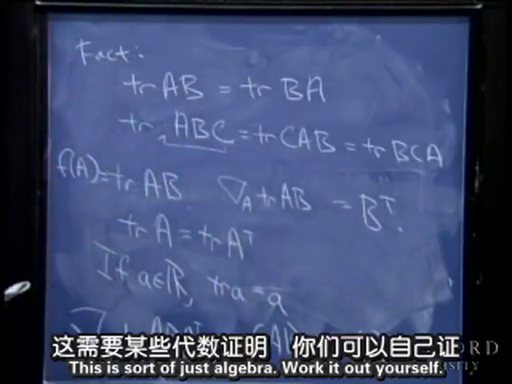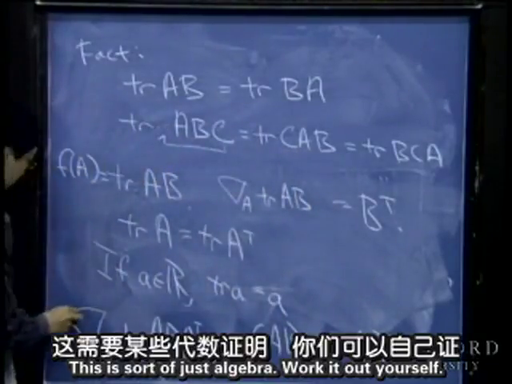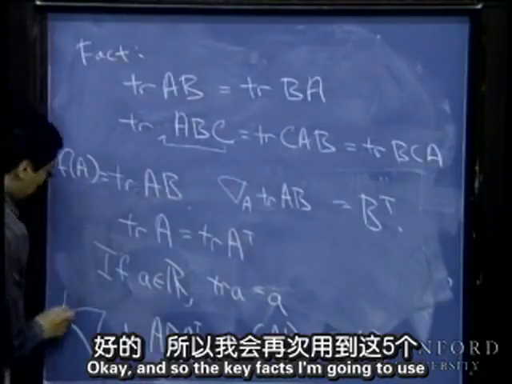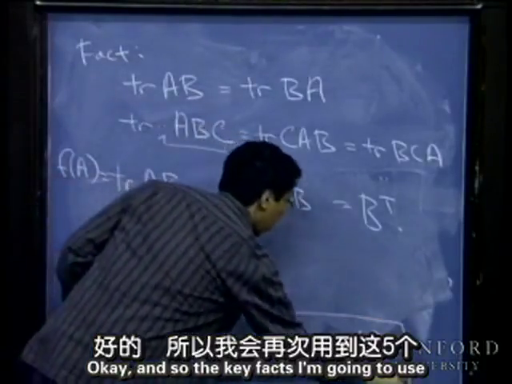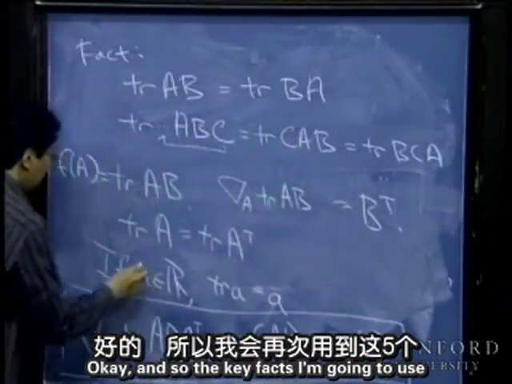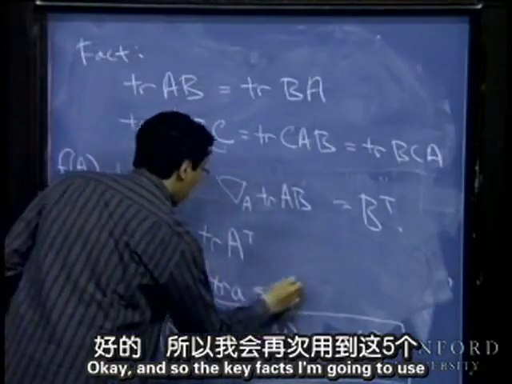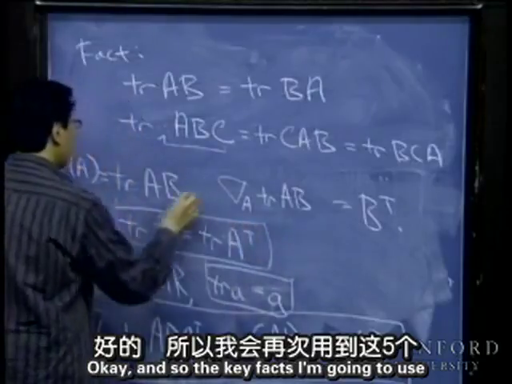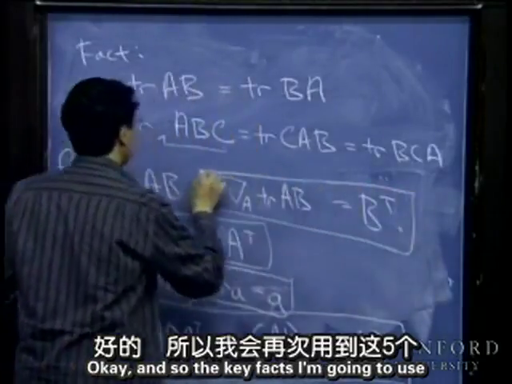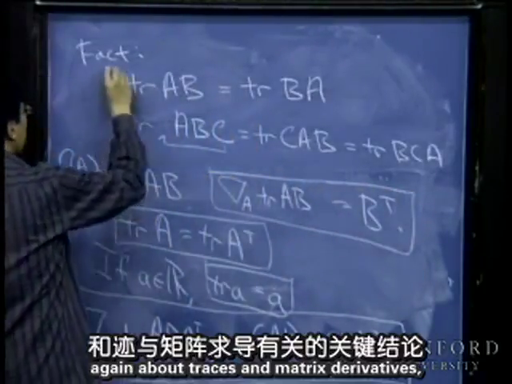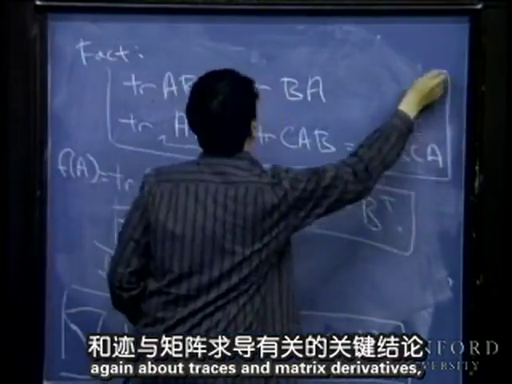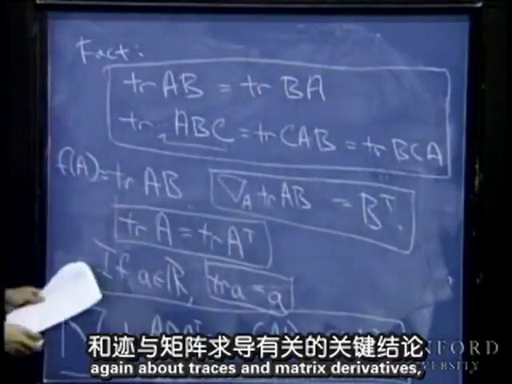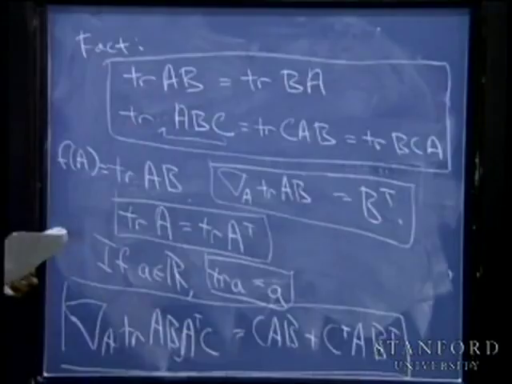And I won't prove that either, but it's just algebra, so work it out yourself. Okay, and so the key facts I'm going to use again about traces and matrix derivatives are these 5.